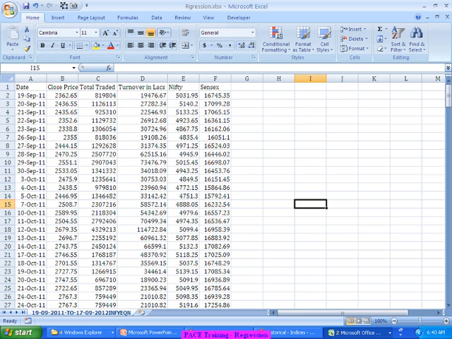Or probably I would like to say the closing price of Infosys depends on Nifty. It may or may not be relevant in the context, but I really want to say that one variable depends on one or more other variables.